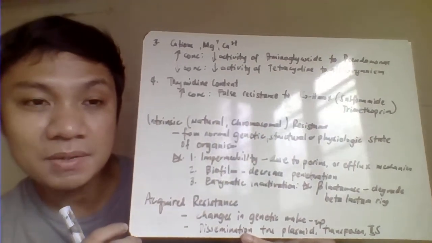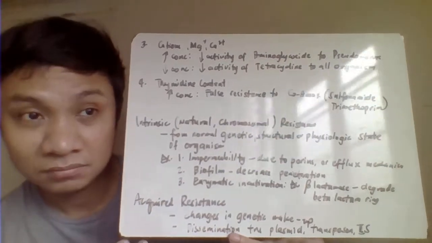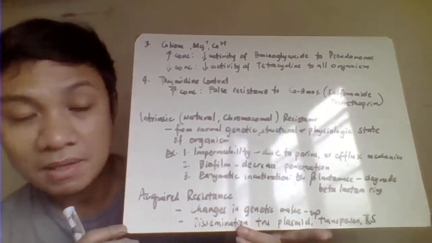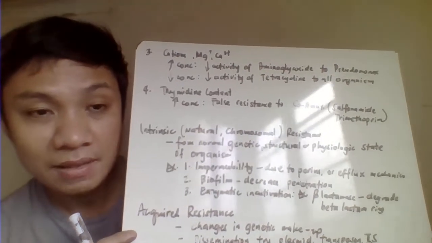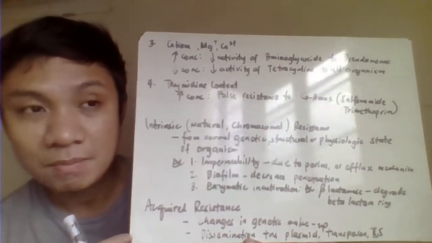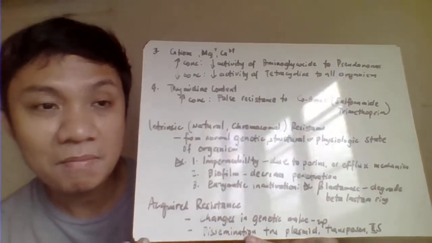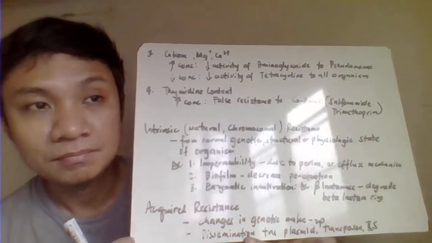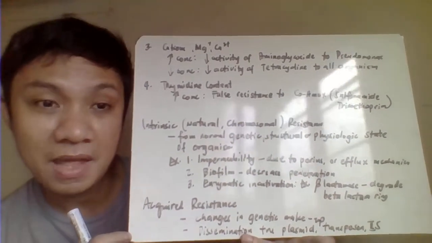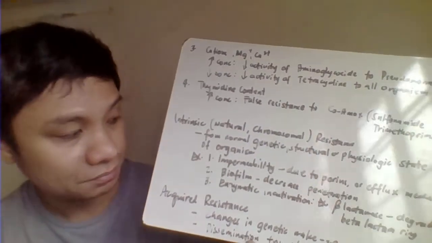It tries to prevent the entry of different substances, including some of your antibiotics. Some bacteria possess that activity, and therefore hindi sila susceptible to some of your antibiotics. Like for example, again, your vancomycin, di ba? Vancomycin will not be effective in gram-negative because hindi siya makapasok sa gram-negative cell wall.